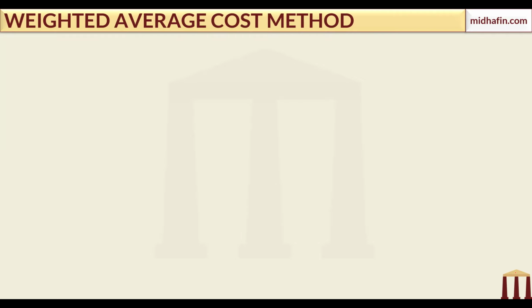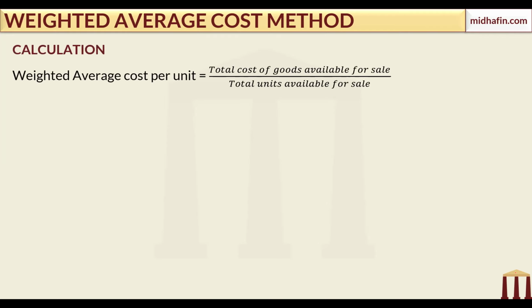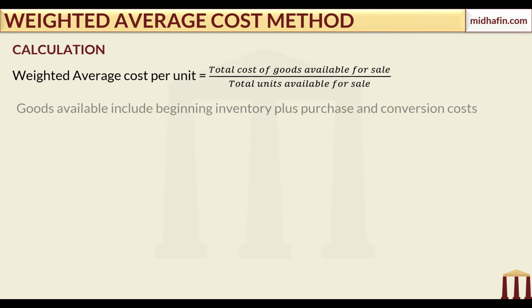So the calculation will be very simple: total cost of goods available for sale divided by the total number of units available for sale. Straightforward calculation. Goods available for sale include the beginning inventory plus whatever you purchased and of course the conversion costs.